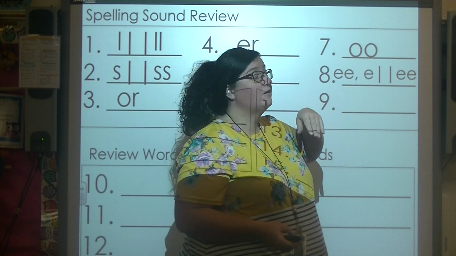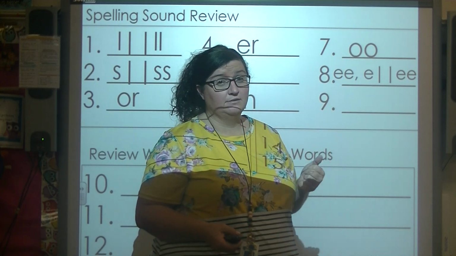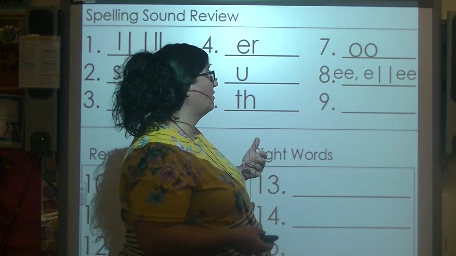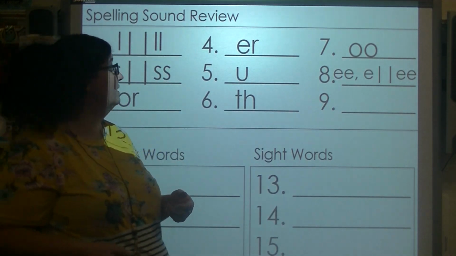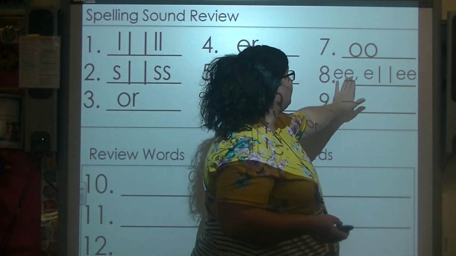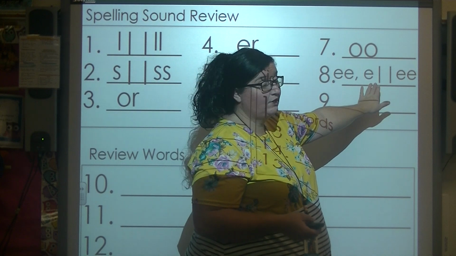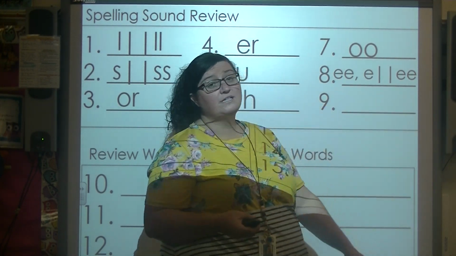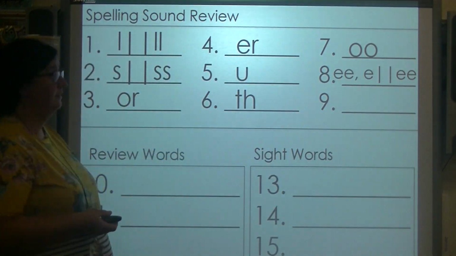And then you can also have E with a macron in the beginning or medial position. So you should have digraph EE, comma, E with a macron, and then final digraph EE.